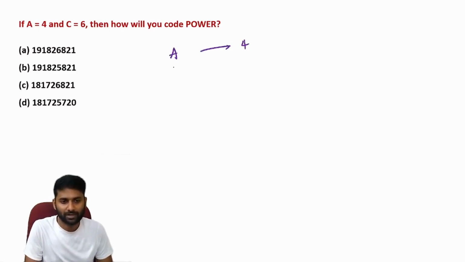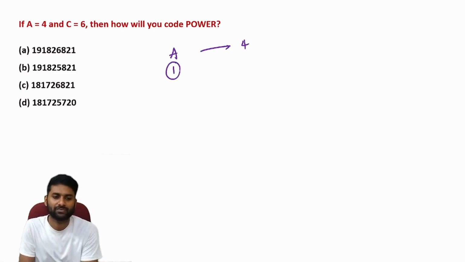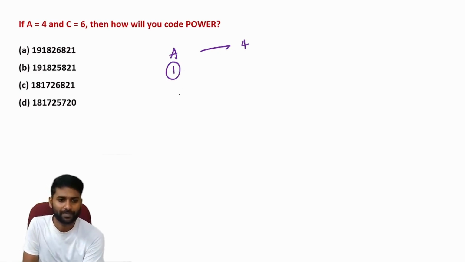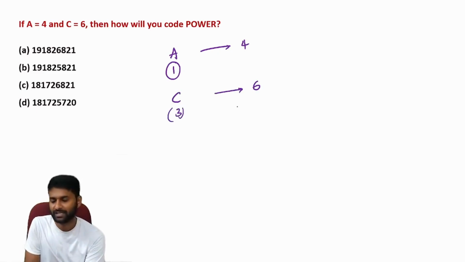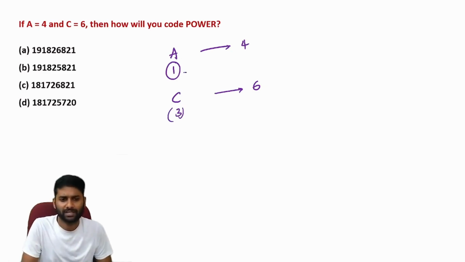You already know that A's alphabetical position is 1, but instead of 1 they have given 4. And C's alphabetical position is 3, instead of 3 they have given 6. Now you have to find the relation. So alphabetical position plus 3. Maybe that is the logic.